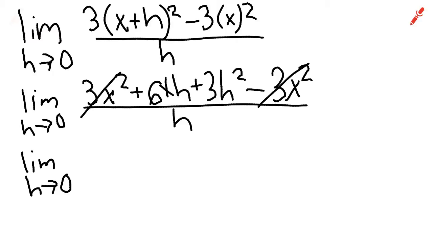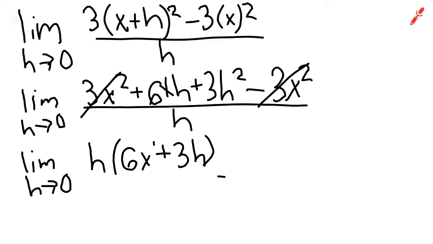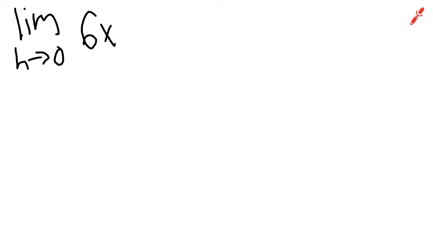So we can factor out the h, so we can cancel that out, and we have left 6x plus 3h.